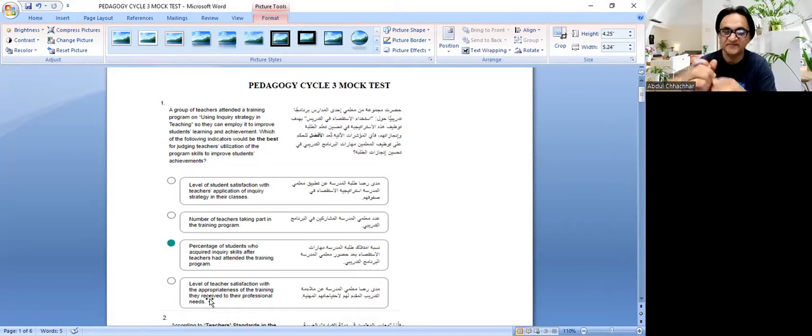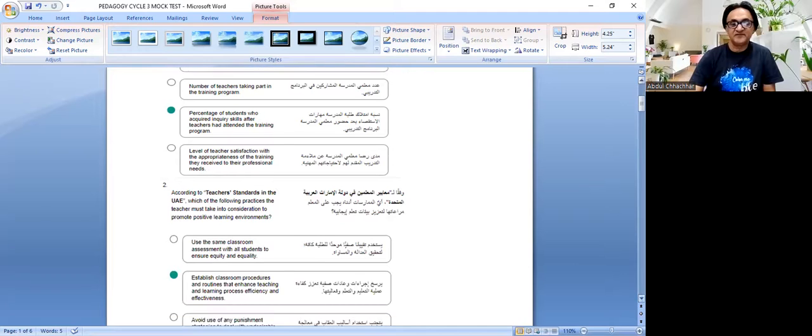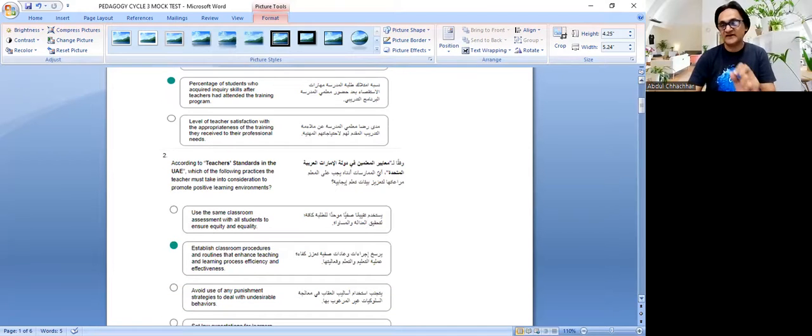So the answer is the percentage of students who acquired inquiry skills after teachers had attended the training program. In this way, we can observe that the professional development has a direct impact on students' performance, and we can evaluate the students. Okay. So the first two are wrong answers, while the third and fourth are very close. So the fourth one is the distractor.